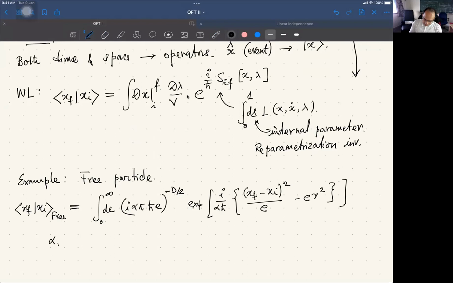Here alpha and nu are parameters in the Lagrangian corresponding to the free particle. It depends only on x dot and lambda.